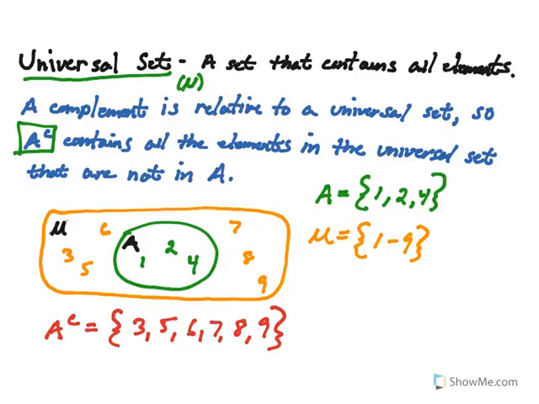The next thing I want to talk about is, remember we talked about unions and intersections? I want to go back to that. I want to show you a picture. We'll talk about Venn diagrams very briefly. Here we have two sets.